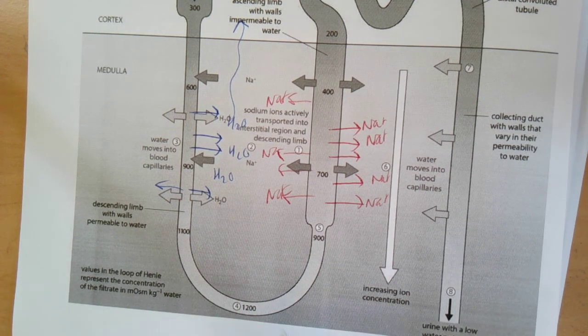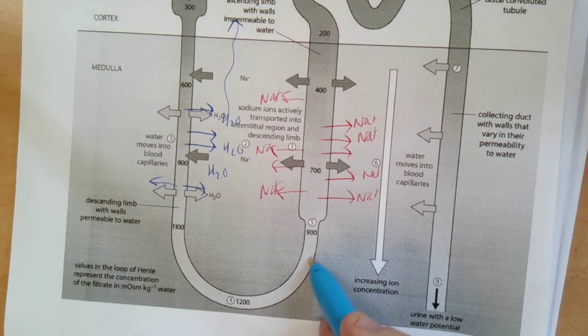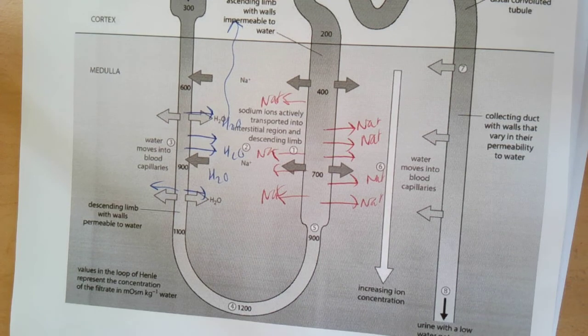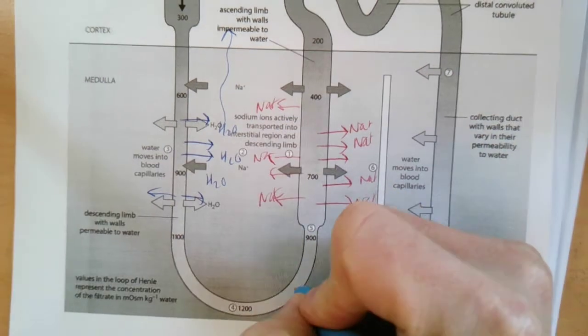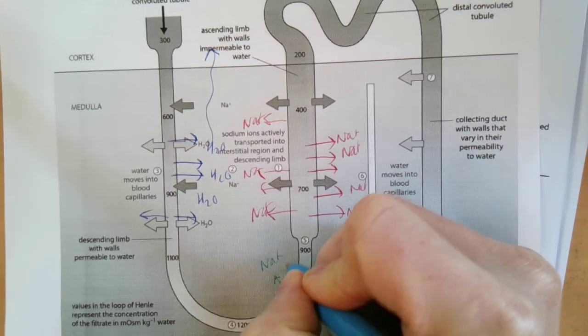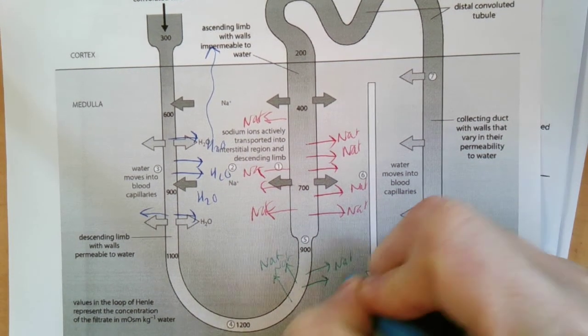Now, at the base of the ascending limb, which is here, sodium ions diffuse out of the ascending limb. So rather than being actively transported out, sodium ions diffuse out here. Okay?